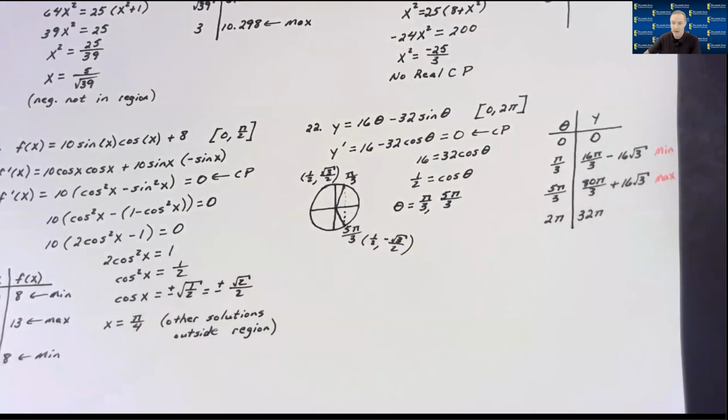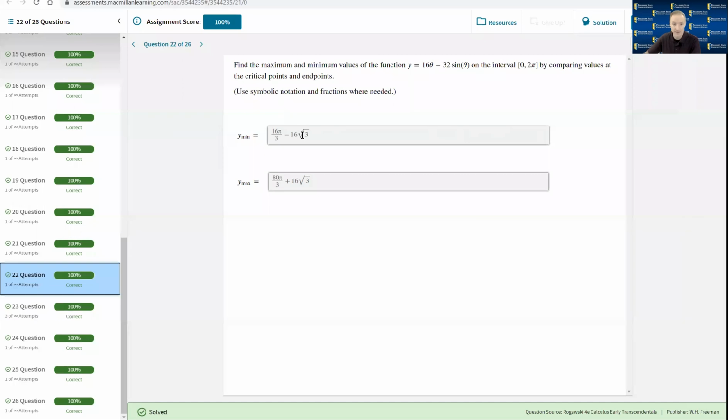But the maximum was at 80 pi over 3 plus 16 root 3, and the minimum was at 16 pi over 3 minus 16 root 3. And you can see that that's precisely how I entered it in on Achieve. And anytime it doesn't say anything about how much you need to round, you need to understand it's wanting an exact answer in problems like that.